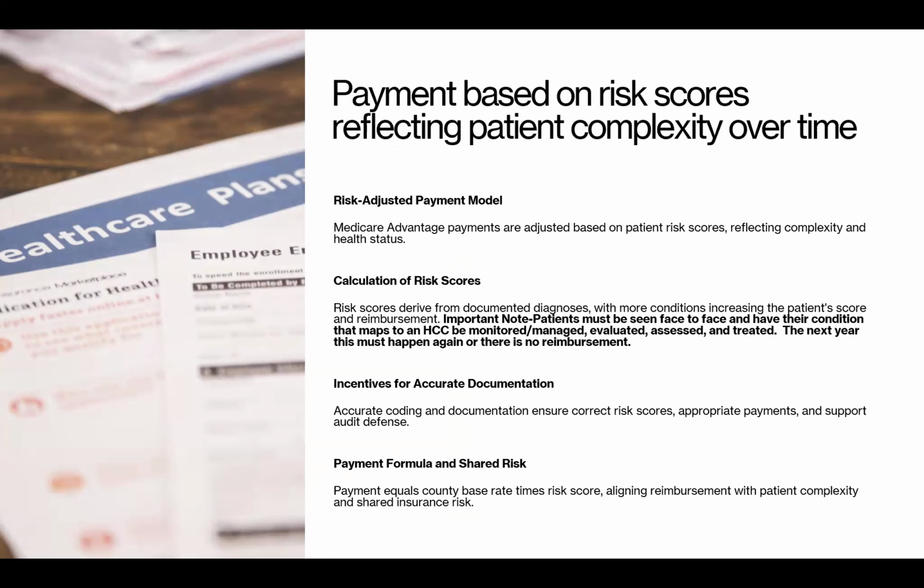Again, with Medicare Advantage, we talked about it's based on the risk score, but when we calculate it, the patients have to be seen at least once a year and have their condition monitored, evaluated, assessed, and treated. And the next year, the process starts all over again. And this is another thing that's different from DRGs: conditions, with a few exceptions, can be cumulative, right?